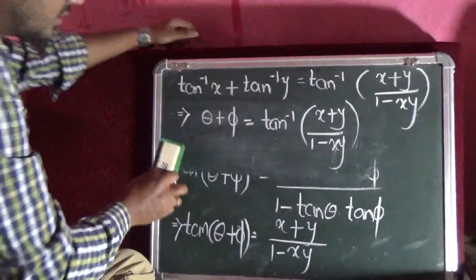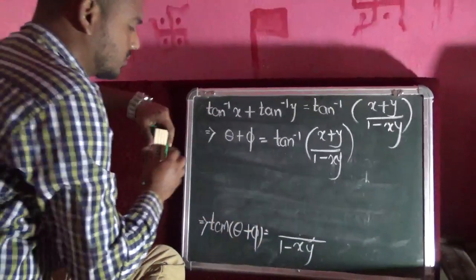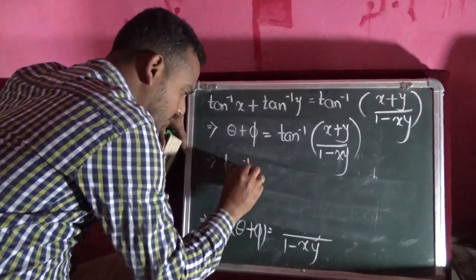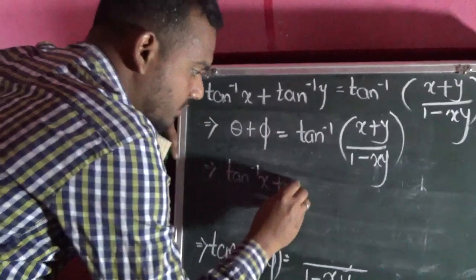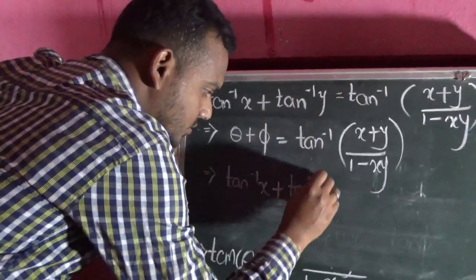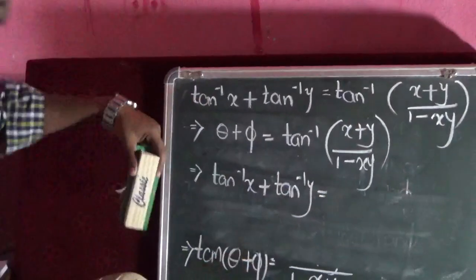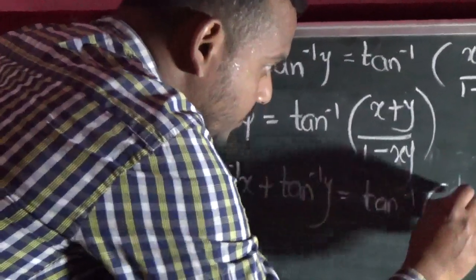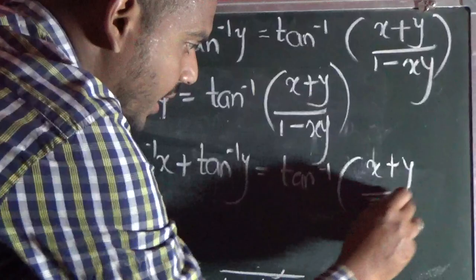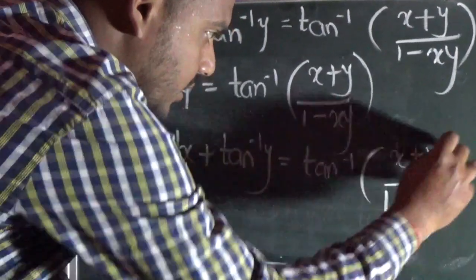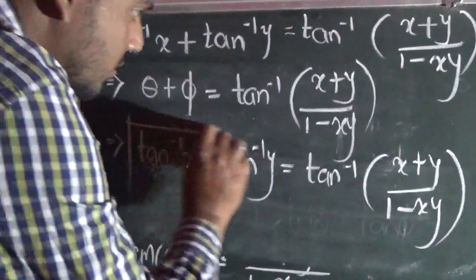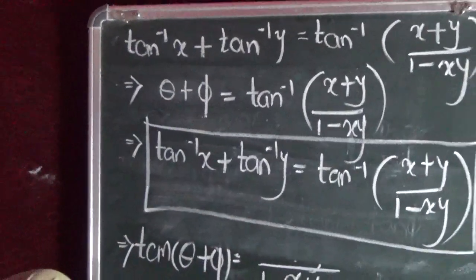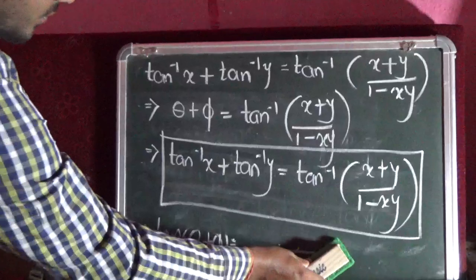In place of theta I can put tan inverse x and in place of phi we can put tan inverse y. So tan inverse x plus tan inverse y equals tan inverse of (x plus y) by (1 minus xy), and this is our next property of inverse trigonometric functions.